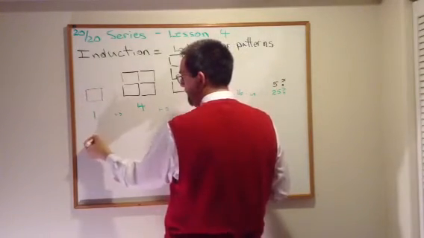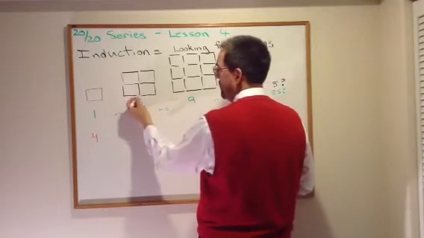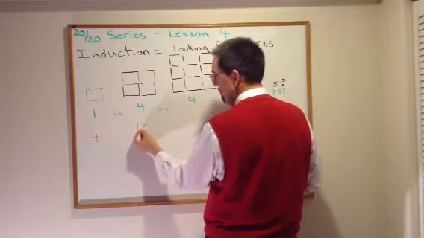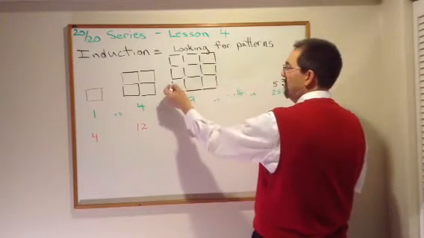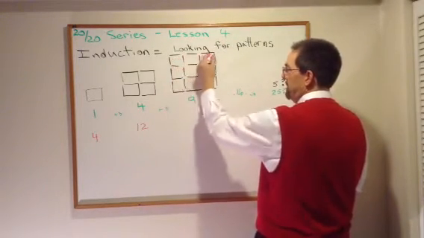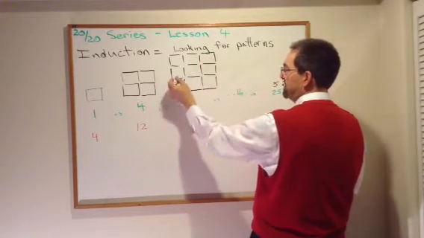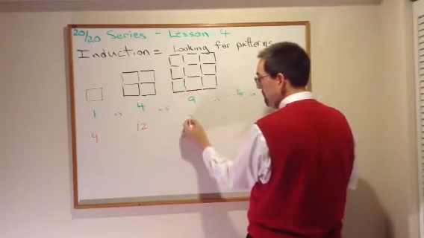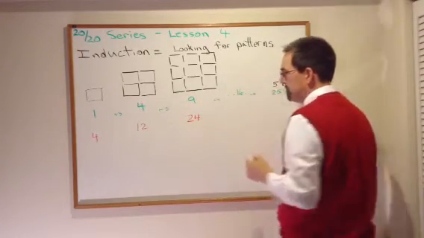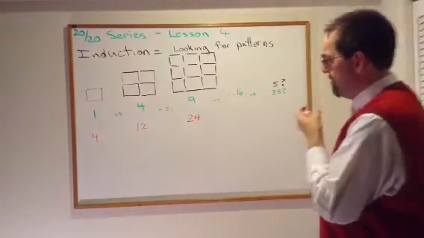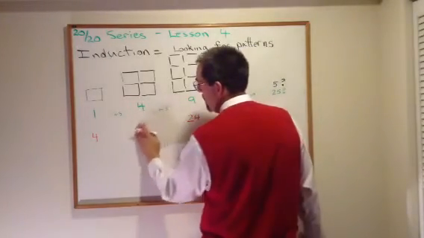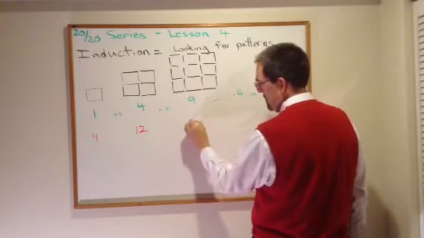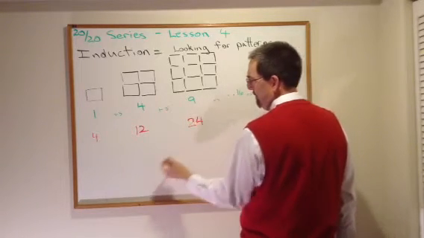4. This one: 1, 2, 3, 4, 5, 6, 7, 8, 9, 10, 11, 12. And this one: 1, 2, 3, up to 24. Let's look at that pattern. 4, 12, 24.